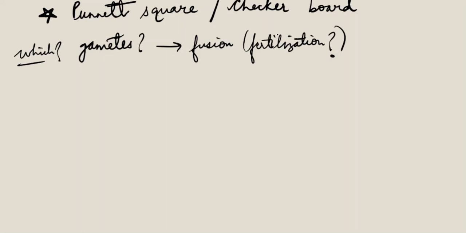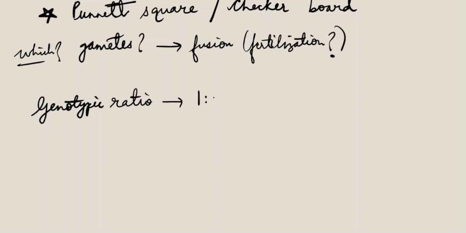Okay, you have to make a square. Let us consider the genotypic ratio of a monohybrid cross. Which cross are we taking? We are considering a monohybrid cross.